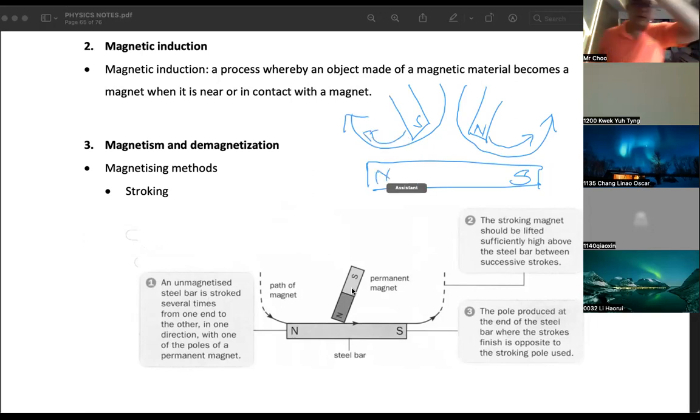So that's how I remember: the stroking magnet pole that leaves the end of the material will give it the opposite pole. Is that clear? There is the one magnet stroking method and also the two magnet stroking method. Do you all want me to explain the two magnet stroking method?